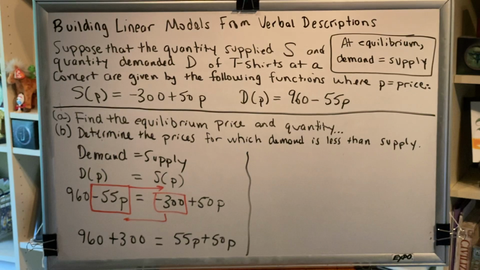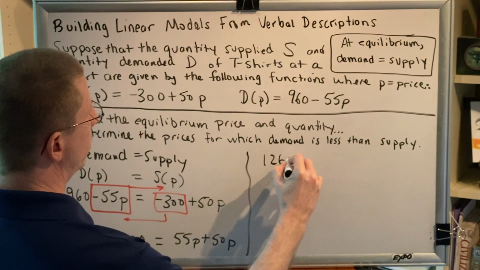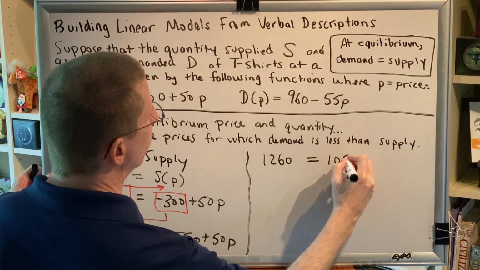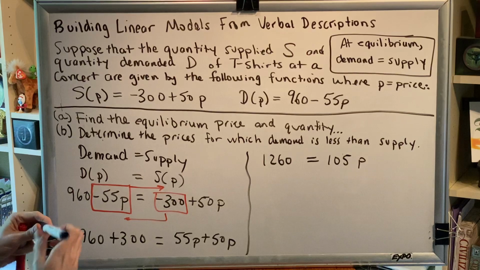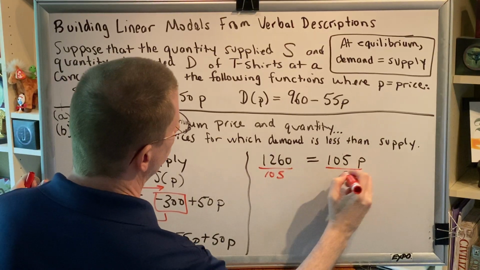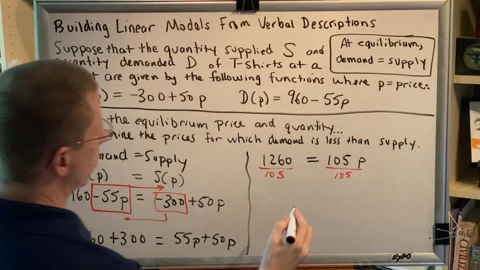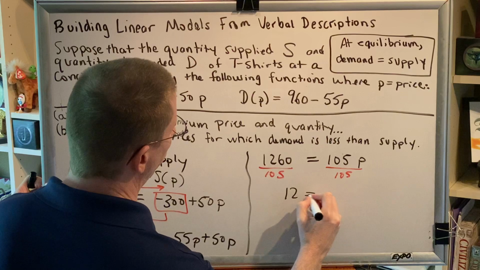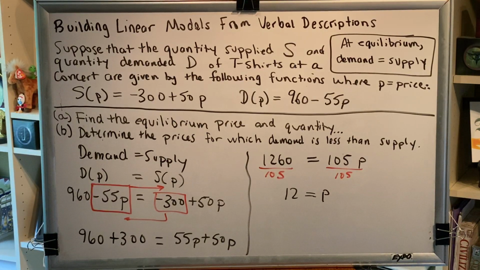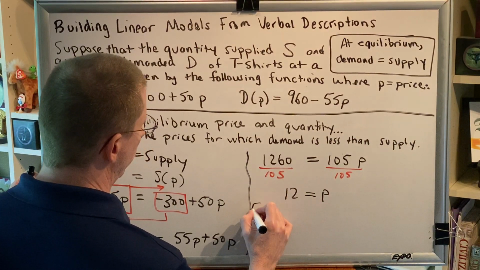All right, now we can combine like terms. So 1,260 is equal to 105p. Divide both sides by 105. And what do we get? 12 equals p. All right, so we've now found the equilibrium price. The equilibrium price is $12.